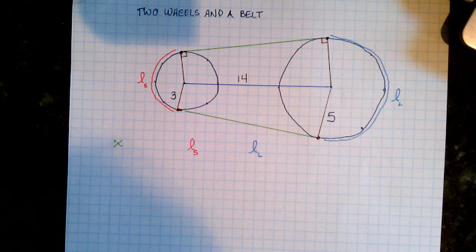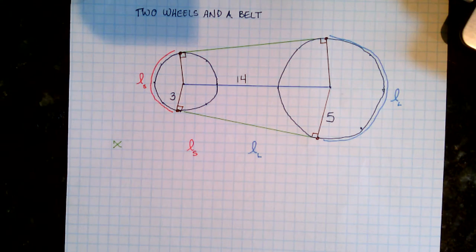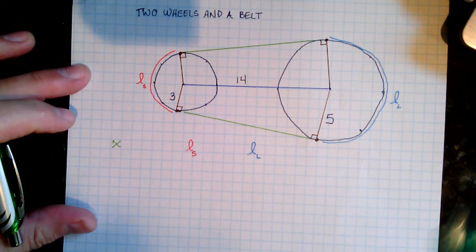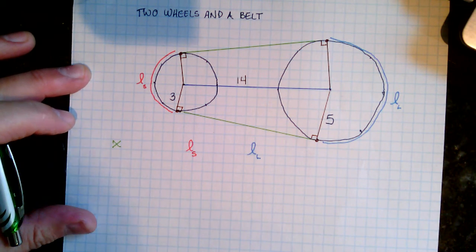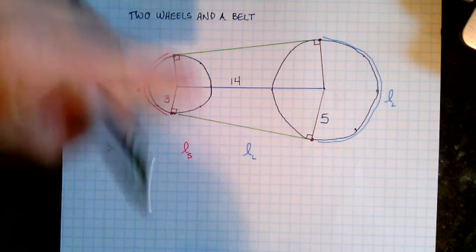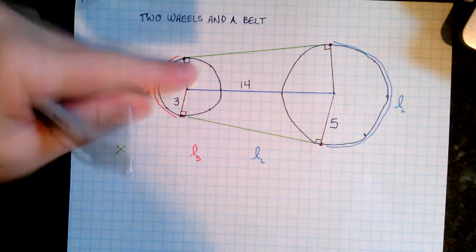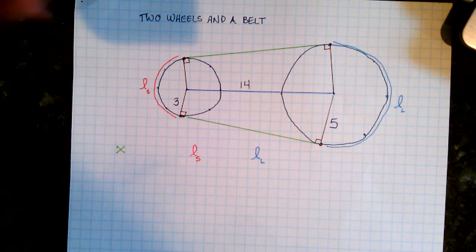And so all four angles here are 90 degrees. And what's given is that you have 14, the distance between the two centers. Knowing that I have a tangent line up top here, these two shapes are a reflection of each other. So this top half of the diagram is a mirror image of the bottom half.